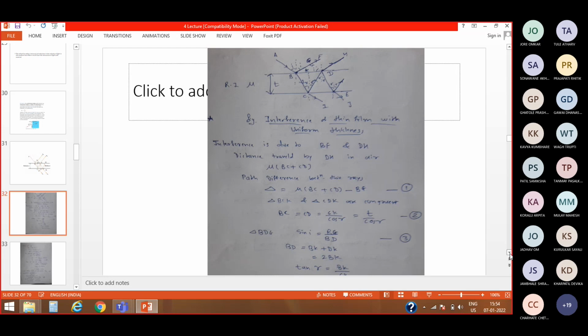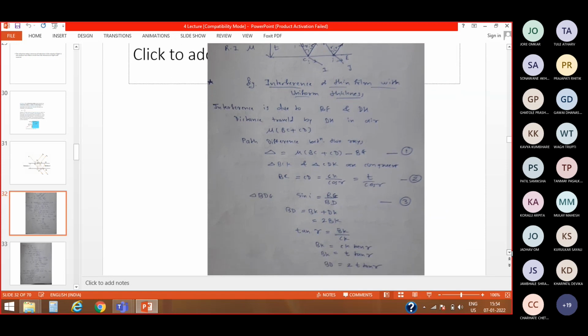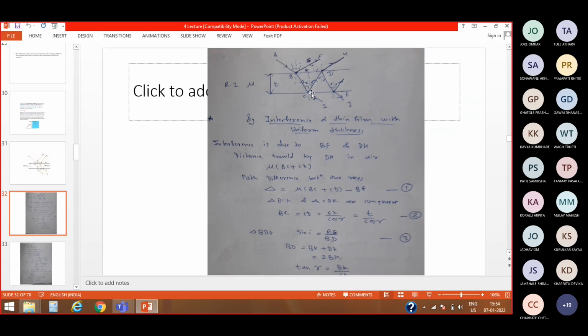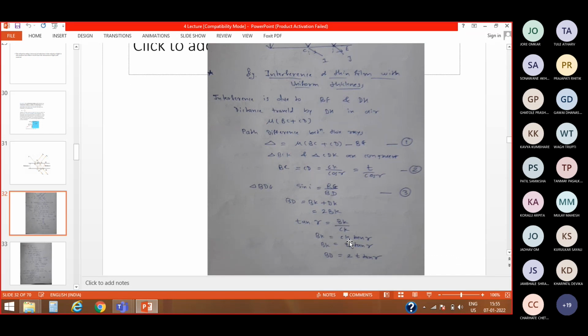Then tan of r is equal to BK upon CK. Tan of r, this angle, is equal to BK upon CK. So I can write BK is equal to CK into tan of r.